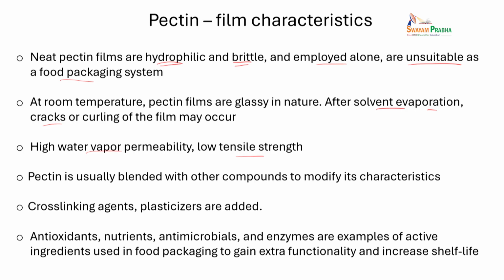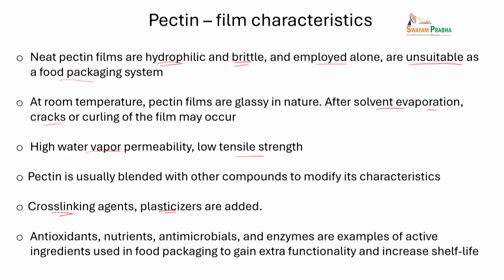Therefore, if you want to use pectin for food application or food packaging, you have to modify it with certain additives. Usually a cross-linking agent is added, so that the chains in the pectin film can interlock or cross-link and give better mechanical properties. Sometimes you would use plasticizers.